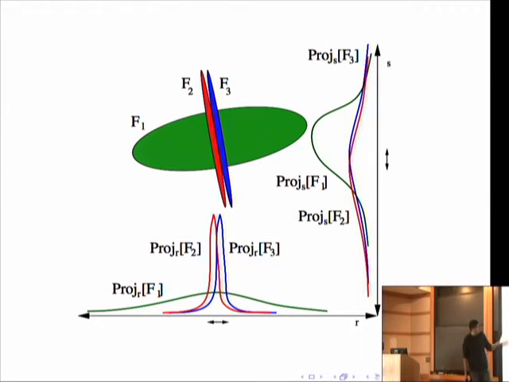At the end of the day, you might learn a mixture of two Gaussians, one consistent with this green one and one which is additively close to these two. You'll realize that the Gaussian which is close to F2 and F3 isn't statistically close to both of them, so it has to have some small variance.